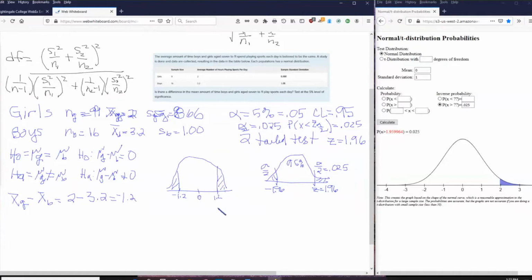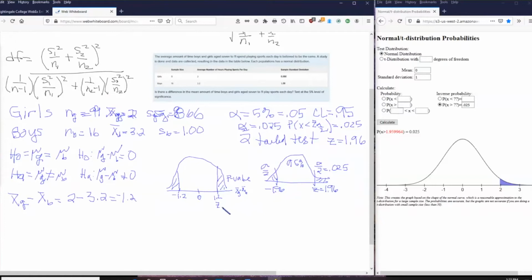And then I'm going to want to find my z-score and my p-value for when my mean, because this is the difference in the means, is at positive and negative 1.2.